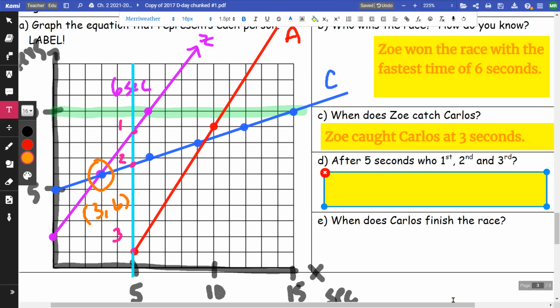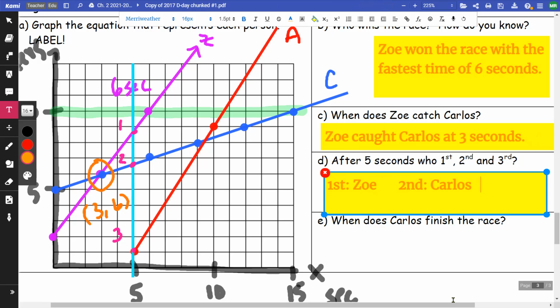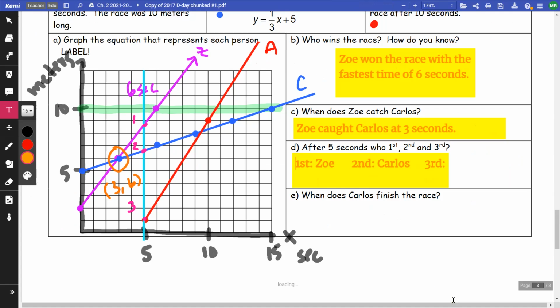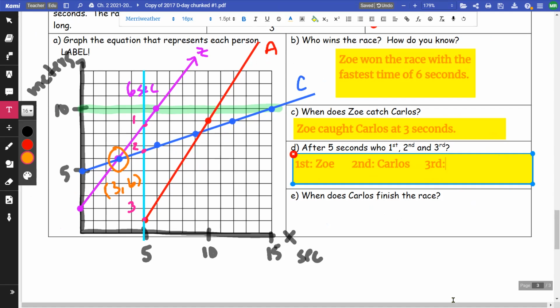So first is Zoe. Second is Carlos. And third is Andrew. And this is when we're talking after 5 seconds.